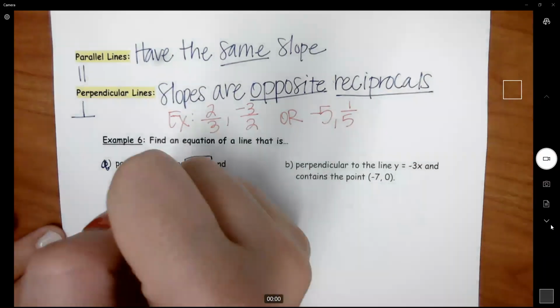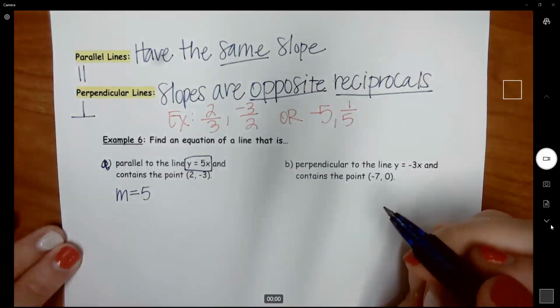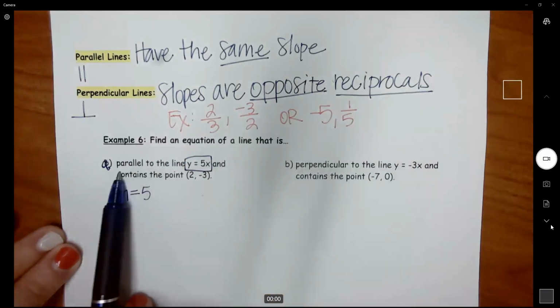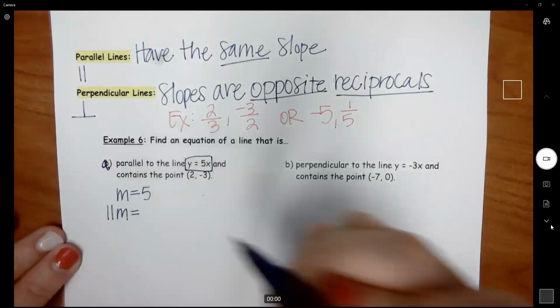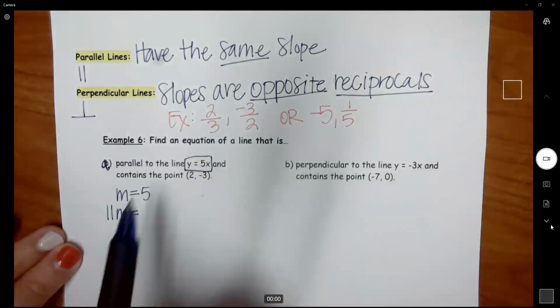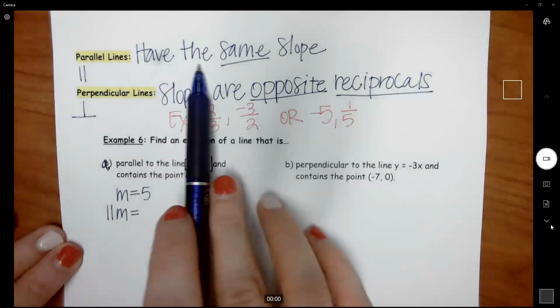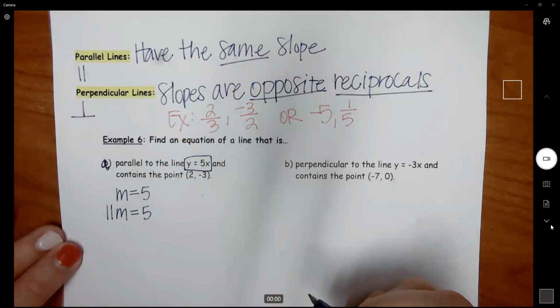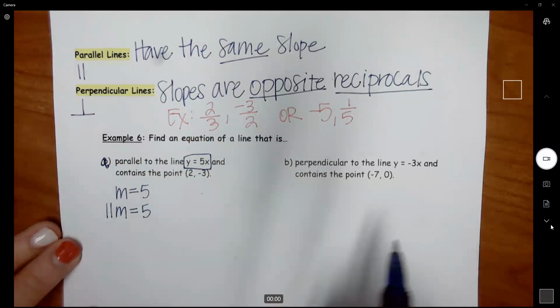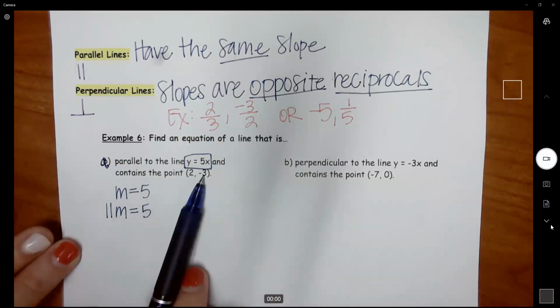My slope is 5. Because I want this parallel, what is my parallel slope? Well, parallel lines have the same slope. So it means that my slope is also 5. So now I have a slope and now I have a point.